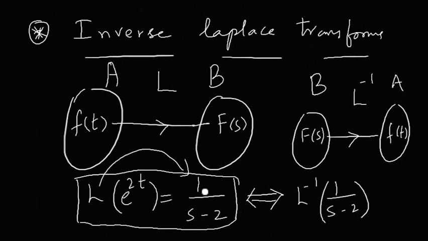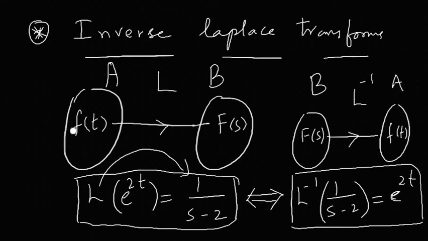When L inverse is applied here, there will be only e to the power of 2t. L will not be there, I mean to say. So these two convey the same message. One is saying it in this direction, the other in that direction. Whatever is conveyed in this box, that same is conveyed in this particular box.